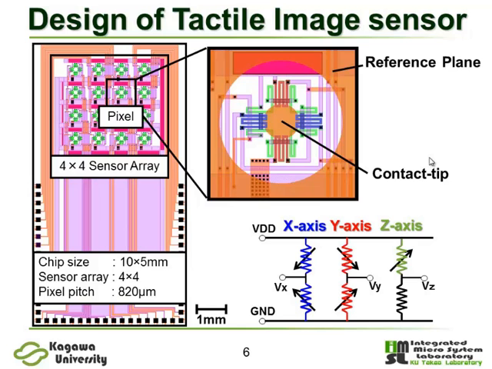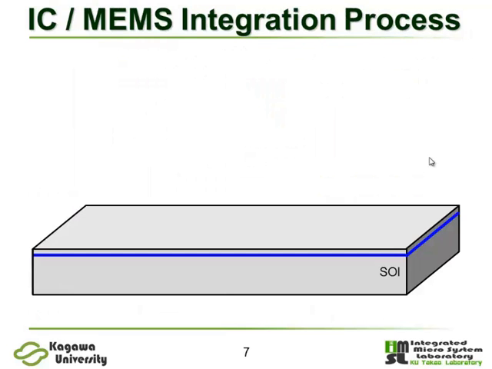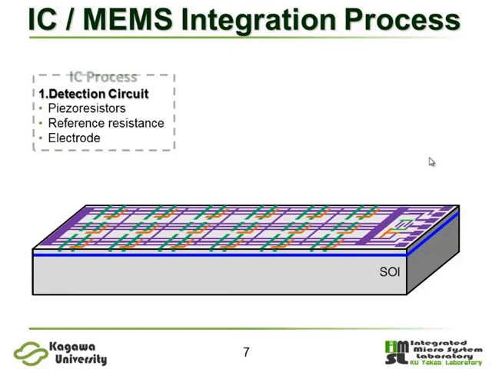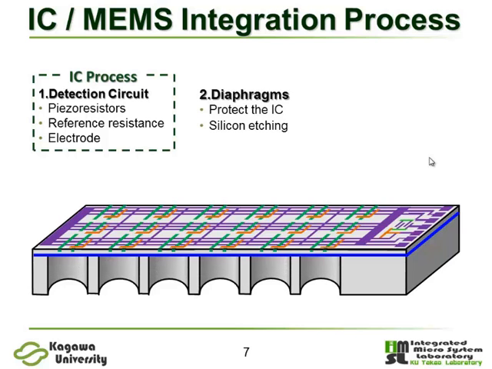In the next slide, I will discuss the fabrication process of this device. Starting material of this tactile sensor device is an SOI wafer. First of all, the detection circuit is fabricated by standard integrated circuit technology. Then, the silicon diaphragm array is formed in the handle layer by deep reactive ion etching process.